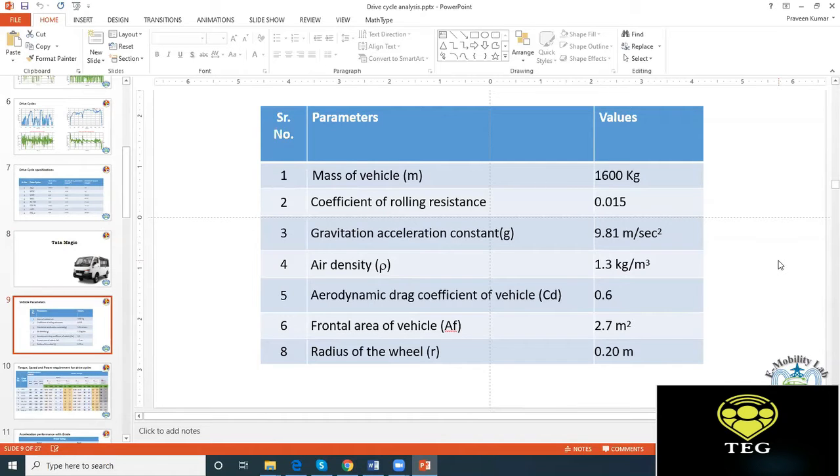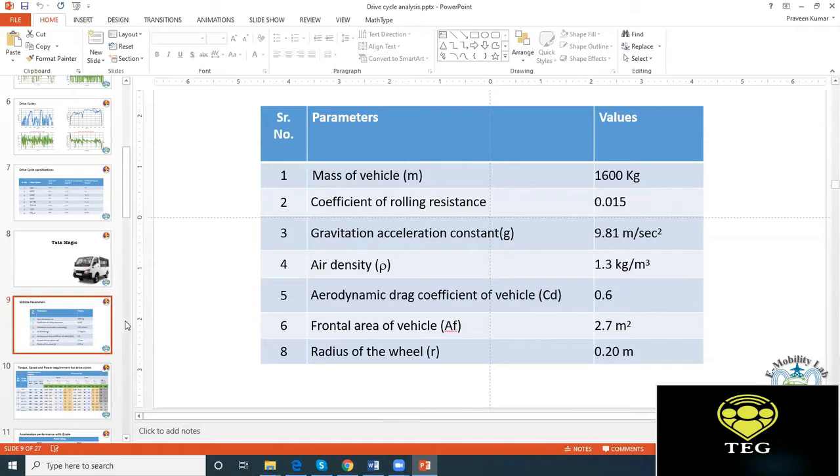So these were all the important parameters that we need for a given vehicle to develop the dynamic equations of motion. When I say that we are going to develop the dynamic equations of motion, it essentially means that we are now going to use these parameters to find out how much force or torque a vehicle would need when it moves along a given drive cycle.